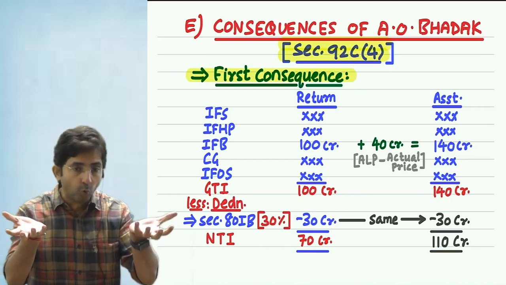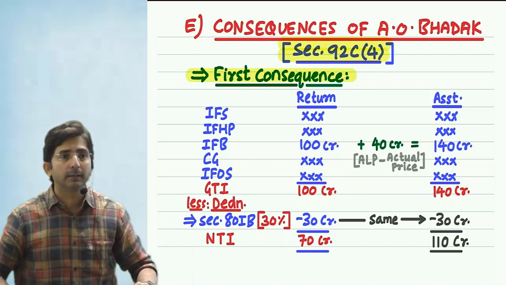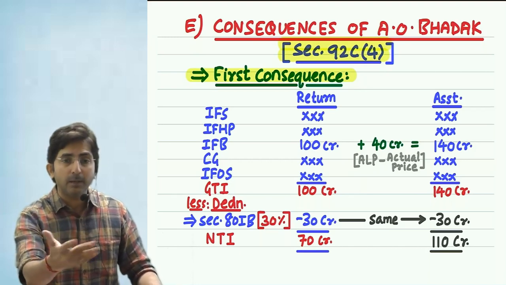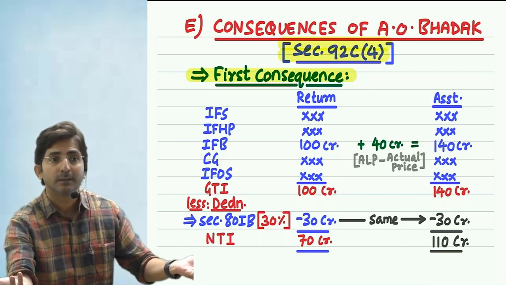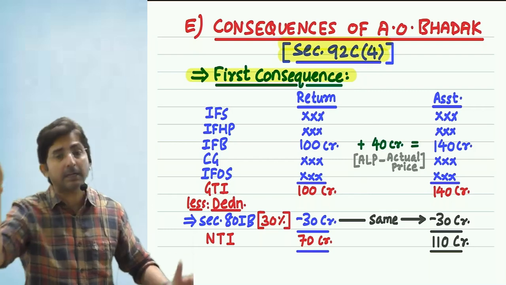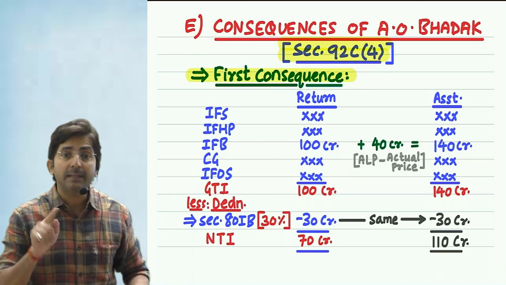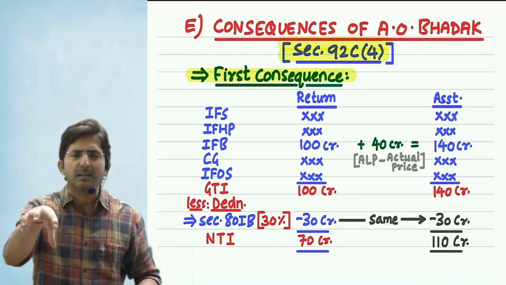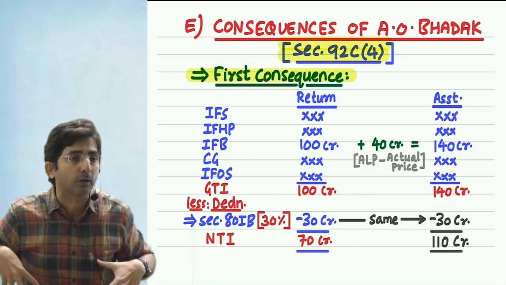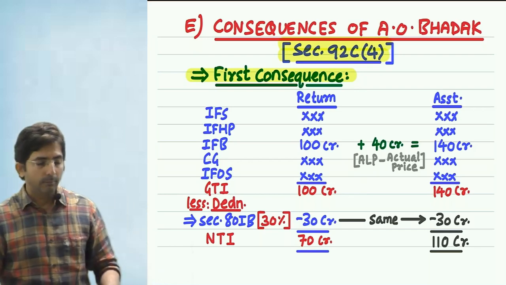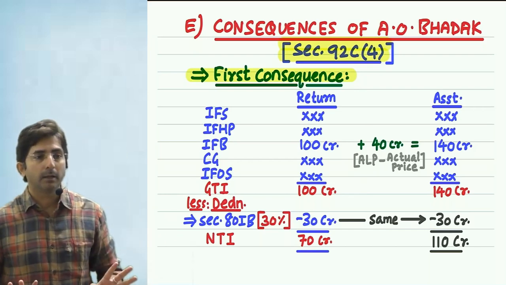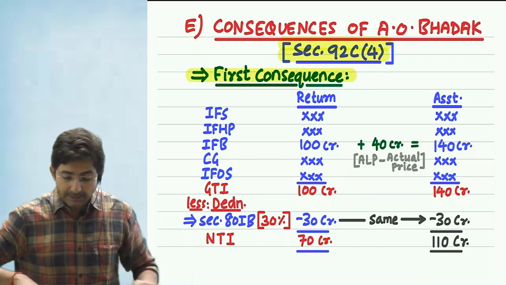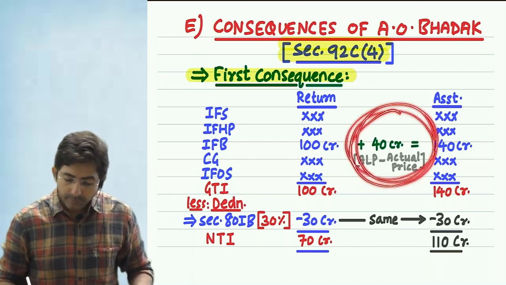Both the groups are after GTI only. Even chapter 6A comes after GTI and even 10AA. For 10AA, why do I have to stress? Because people are not aware of this. Everyone knows that chapter 6A comes after the five heads. But even 10AA comes after the five heads. But that section doesn't come much in limelight. So that's why some students are not aware. But right now you remember, whether it is chapter 6A or 10AA, these sections' benefit you won't get, especially for the amount added by the AO.